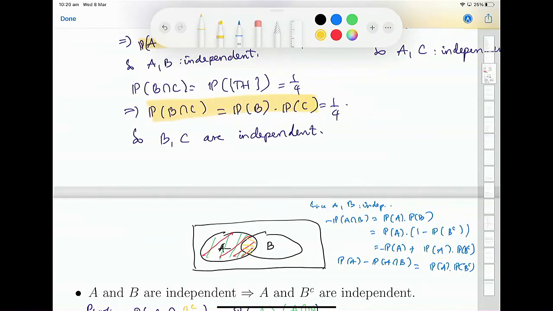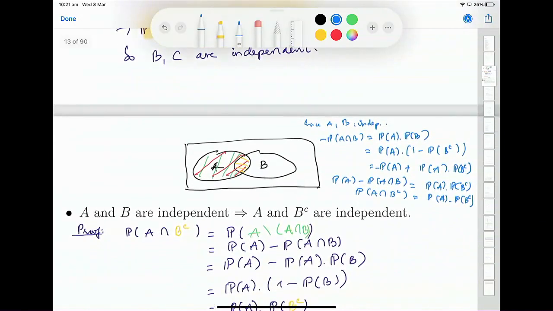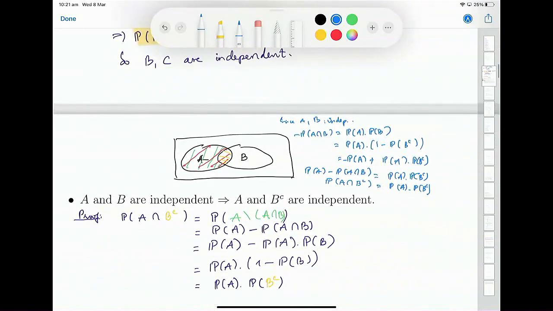Which is the probability of A intersect with B complement, equal to the right-hand side. So now you see that you have the final equality, which implies that A and B complement are independent. All right? Yep, thank you. So this is my proof.